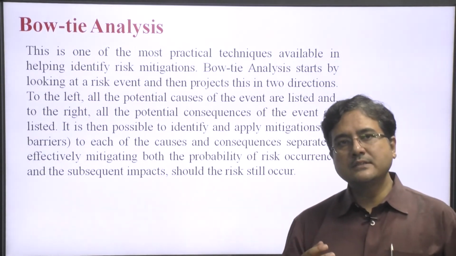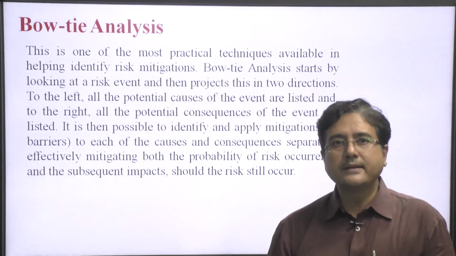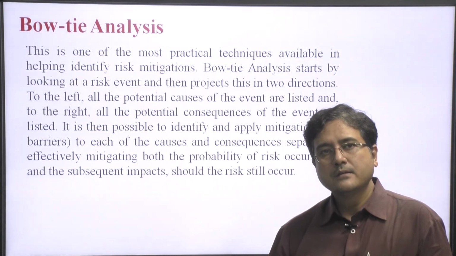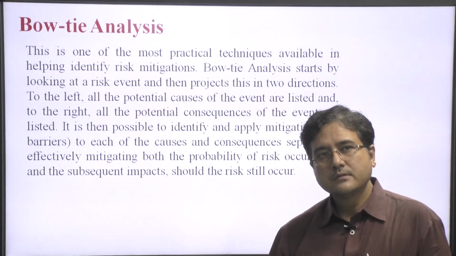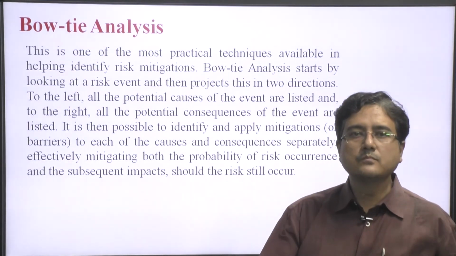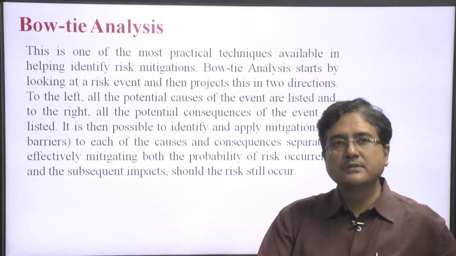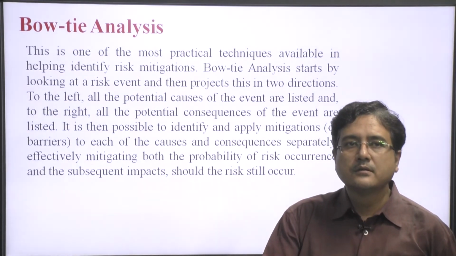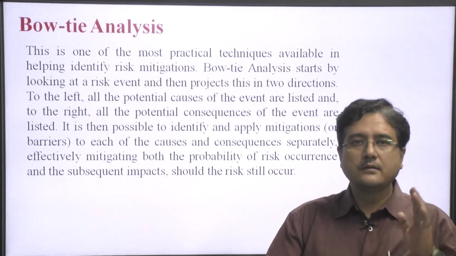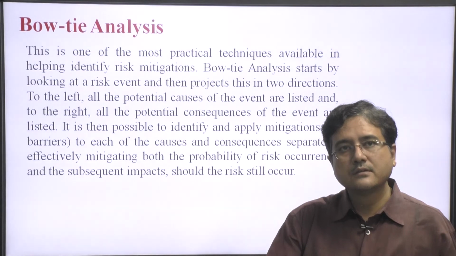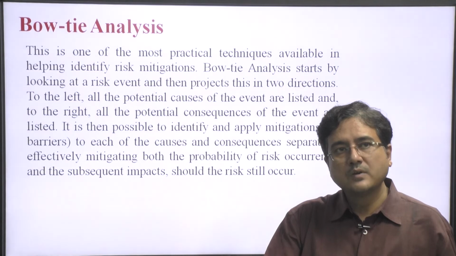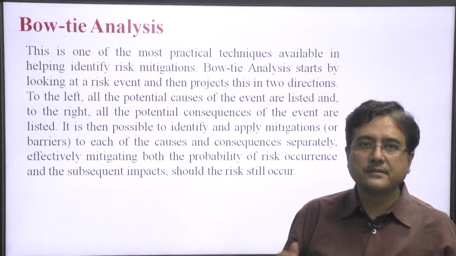So it is quite an interesting name, bow tie, and it is basically used to find out the possible events and the barriers during the project. So in the left direction, all potential causes of the event, and in the right direction, consequences of the event.